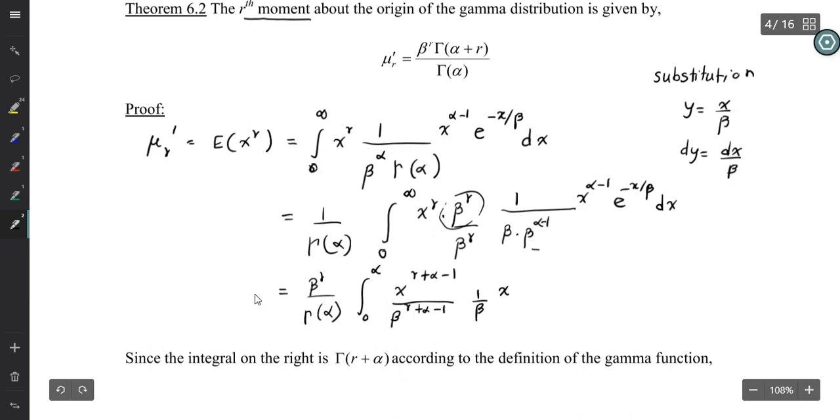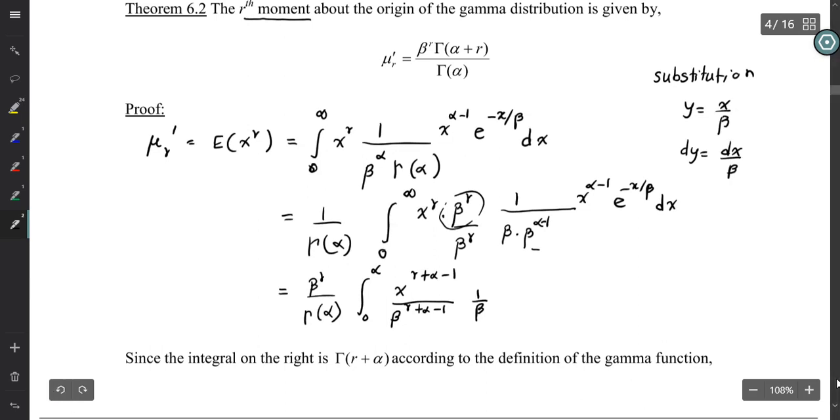And then we have x, already wrote x. So the rest is e to the negative x over beta dx. Okay, now we are all set to replace x over beta by y.